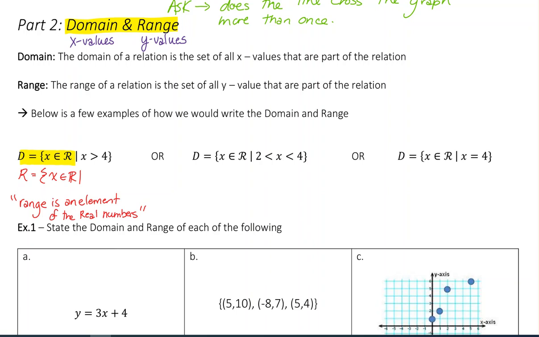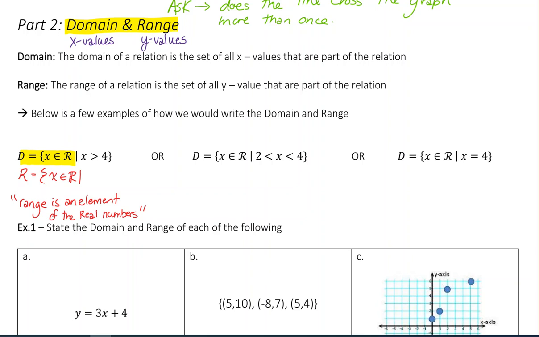What a real number refers to is essentially a constant; it can be a fraction or a decimal, basically any number that you're looking at, and it's one of the number sets. You could have irrational numbers, you could have natural numbers, but for this course we always use the real number system. So every time you are asked to list the domain and range, you're going to put either the domain equals x is an element of real numbers, or the range is an element of real numbers.